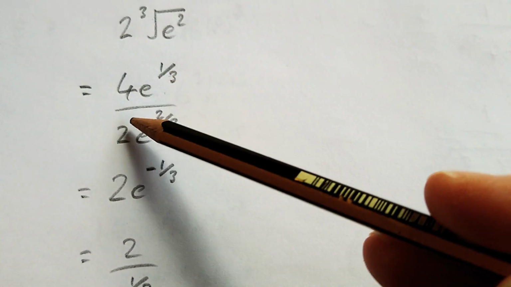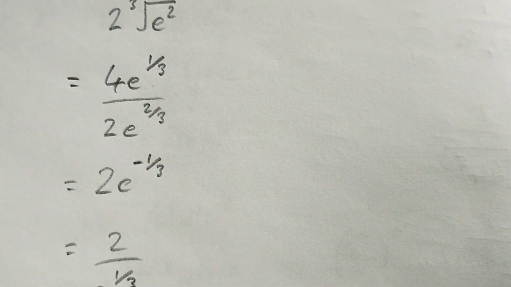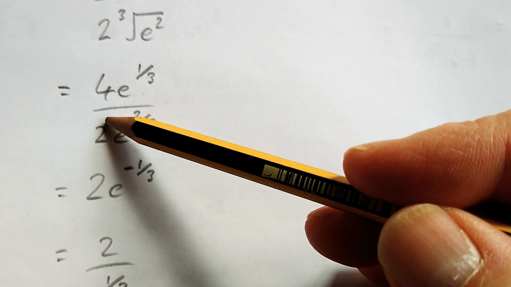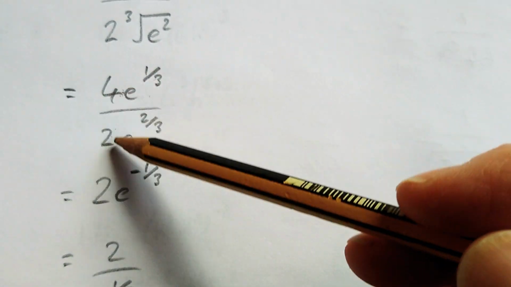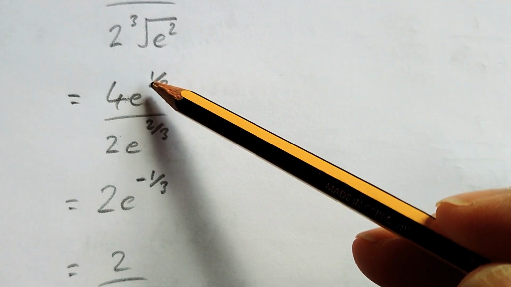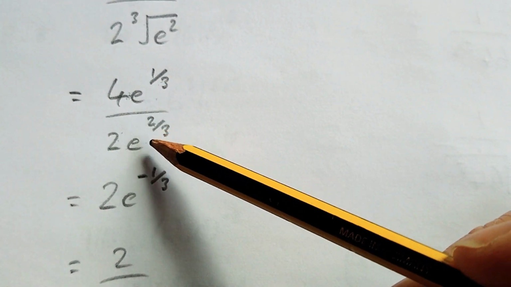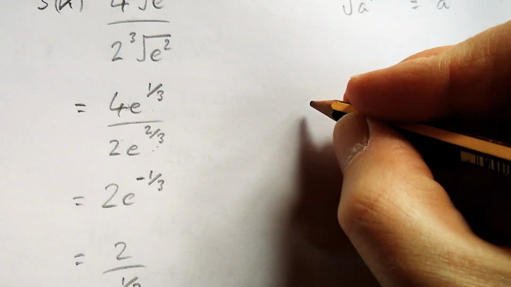Now 4e to the third divided by 2e to the 2/3. Well, I suppose we could call them the large numbers, not really that strong in mathematical vocabulary there, but we'll take care of the large numbers first. So 4 divided by 2 is 2. And then e to the third divided by e to the 2/3, that'll be e to the negative 1/3. And where is that coming from?